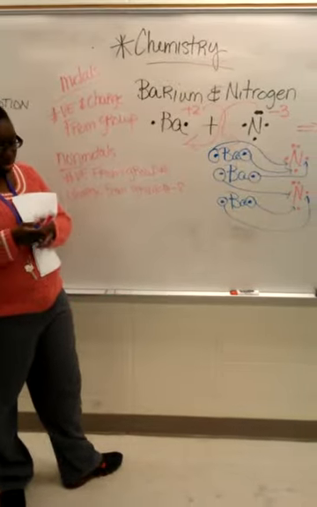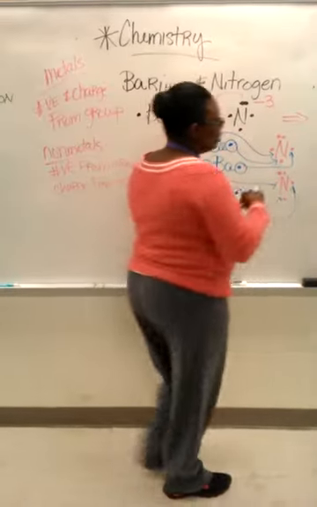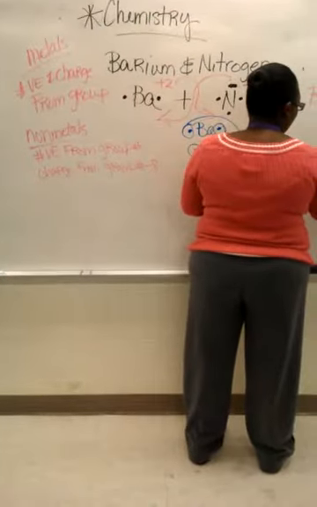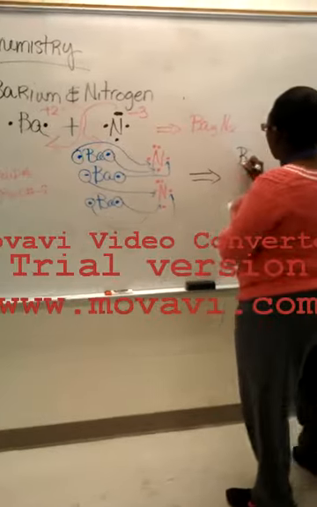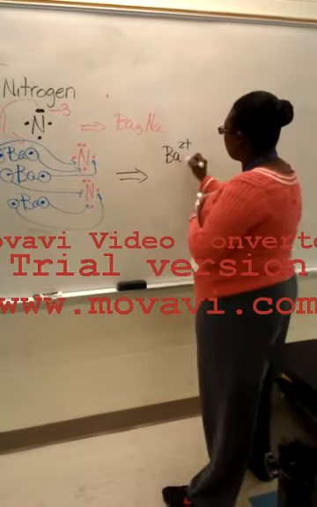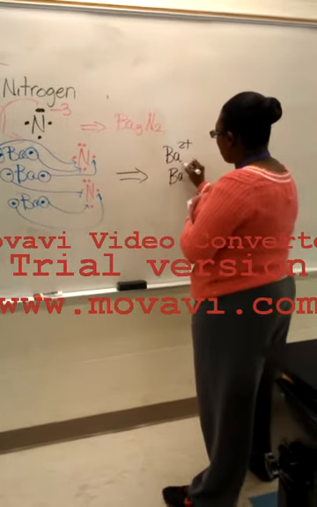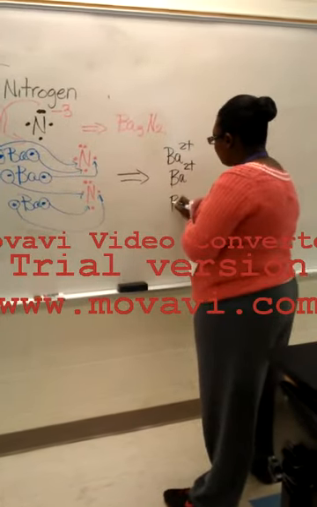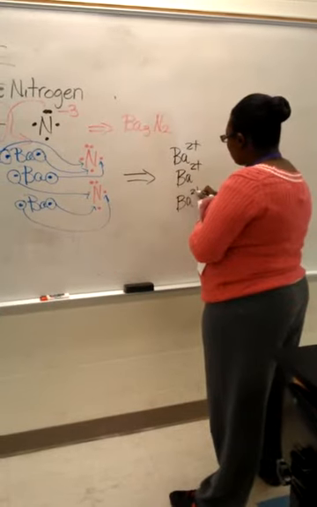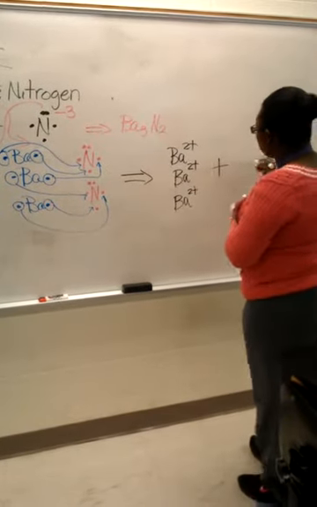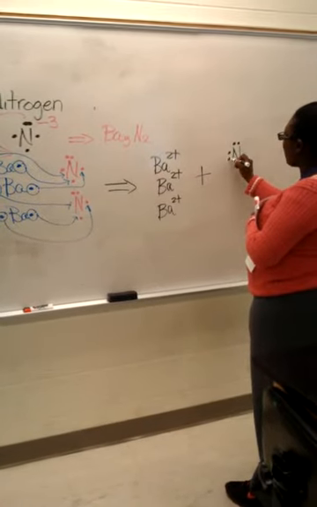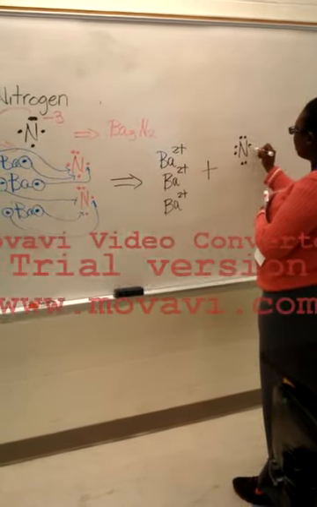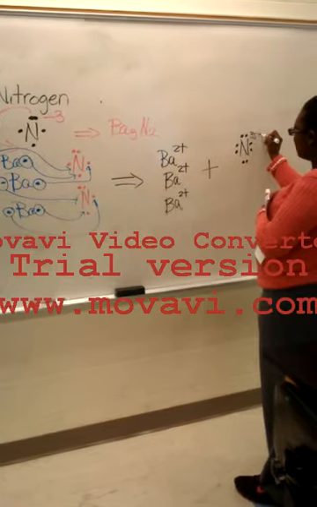All right? So what's our next step in our Lewis dot? Right? Our arrow, and we're going to say it's going to be barium 2 plus, barium 2 plus, barium 2 plus, and that's going to be added to our 2 nitrogens that now has, instead of 5 electrons, it has what? 8.